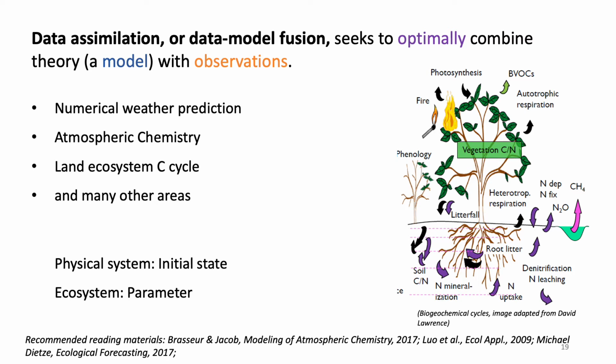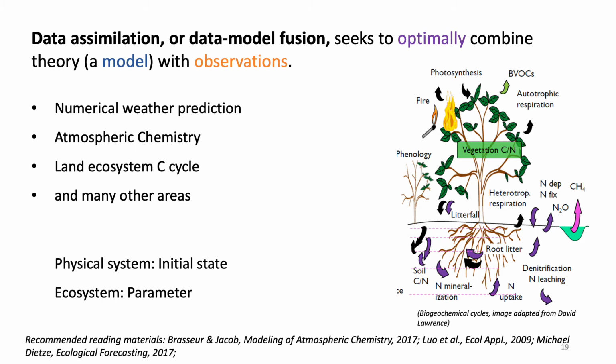It is a super powerful tool widely used in different research topics, such as numerical weather prediction, atmospheric chemistry, and also the land ecosystem, and then many other different areas. In the broad modeling world, data assimilation is generally used to quantify the variables driving that system by using the observations.